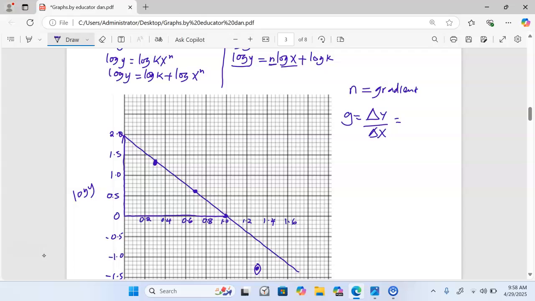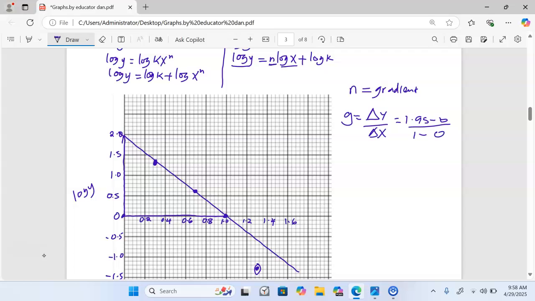And this one is going to give us where this point is here. It's around 1.95, minus the value of y at the origin, which is 0, divided by the value of x at this point, which is 1, minus the value of x at the origin, which is 0.